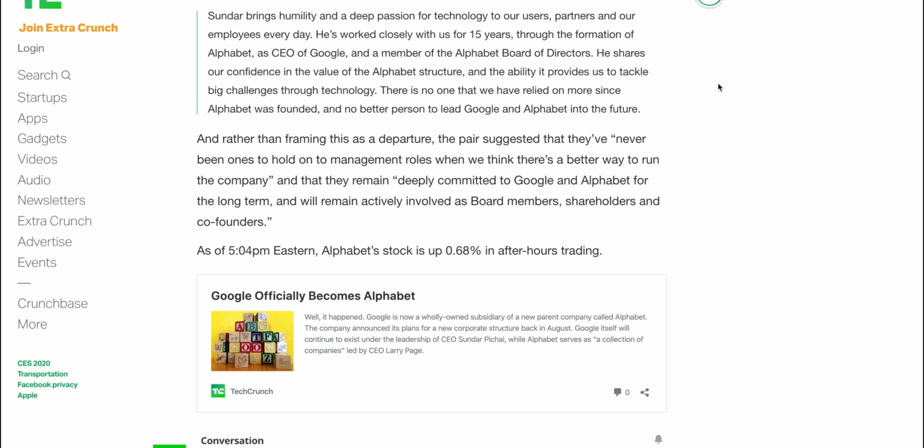So the stock markets have, as expected, been very positive. The price in the last month since this news broke out, and this news came out a couple of months ago, and the stock price has been very positive. So I'm definitely interested to see what happens with Google in the future.